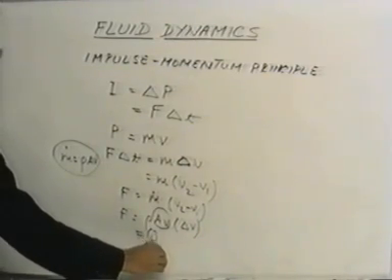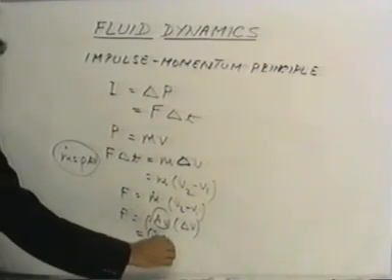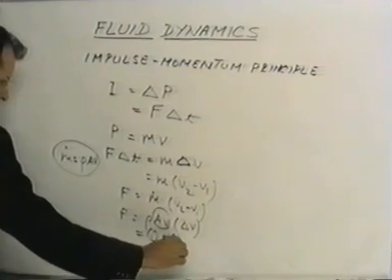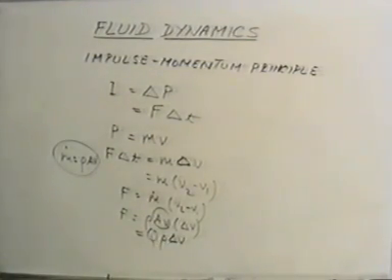So this becomes Q times rho times delta V. So that's the measure of the force and how the force affects the flow in, say, a pipe.